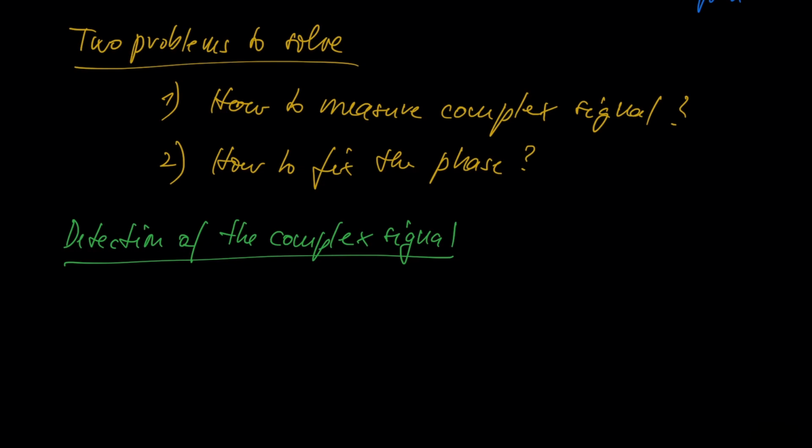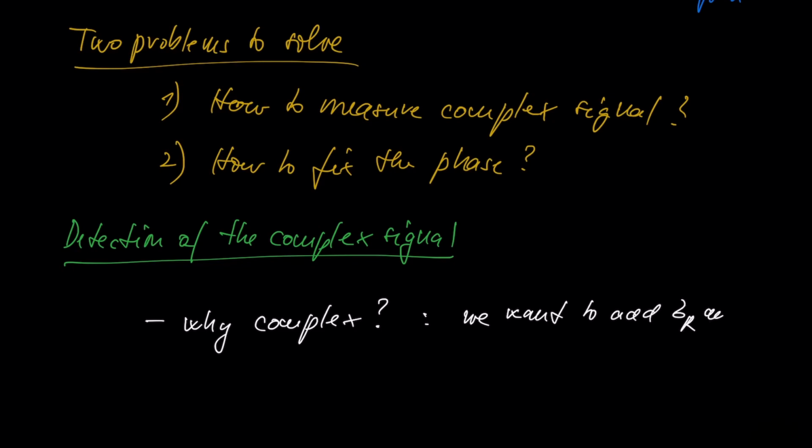All right, so let's ask first why we even want the complex signal. So why complex? Well, the answer is because we want to add sigma r and sigma nr.